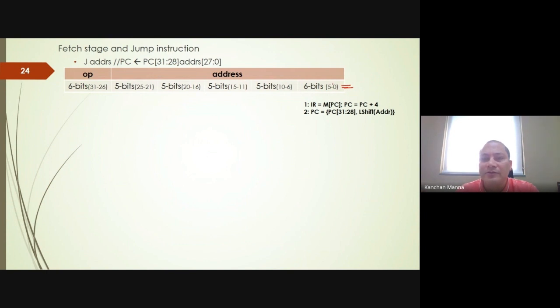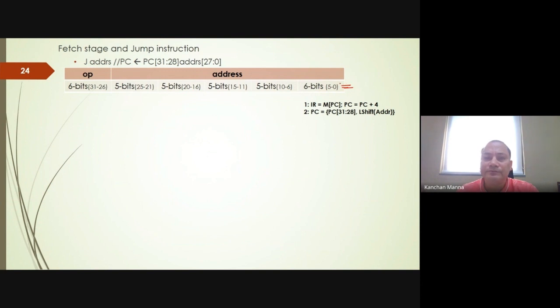As this is a byte addressable memory, each instruction and data would be stored in 4 consecutive locations, and because of that, we have to multiply this one with 4.